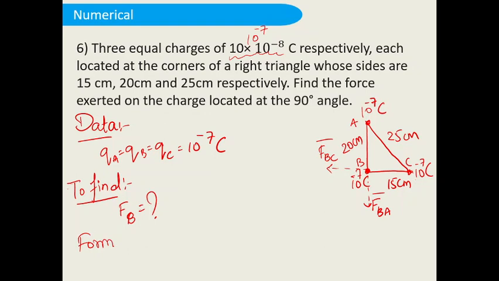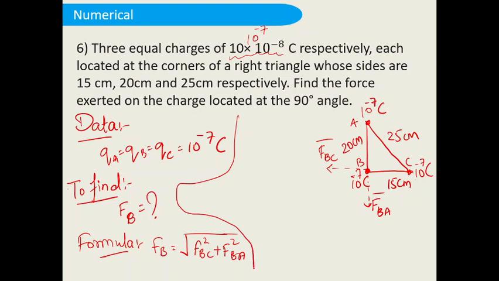What is the formula? The formula is FB is equal to under root of FBC square plus FBA square. Okay. Next is FBC. What is the value of FBC? 1 upon 4 pi epsilon 0. K value is not given, will not write K.